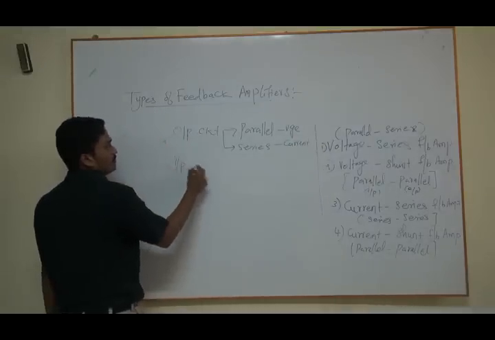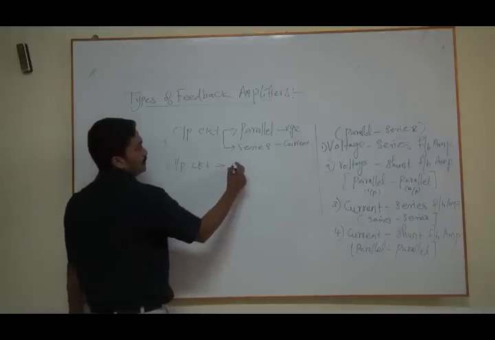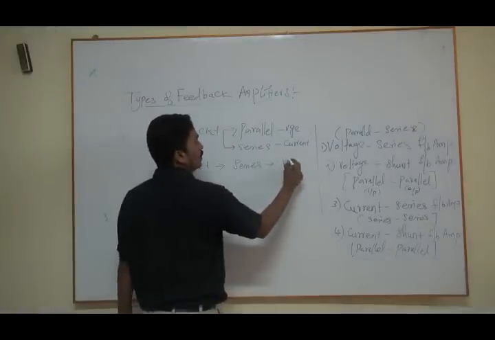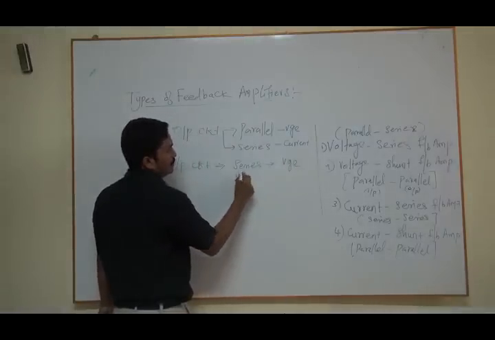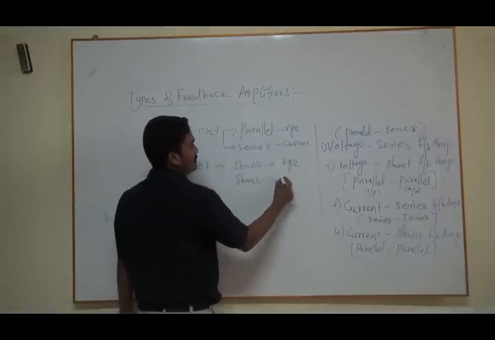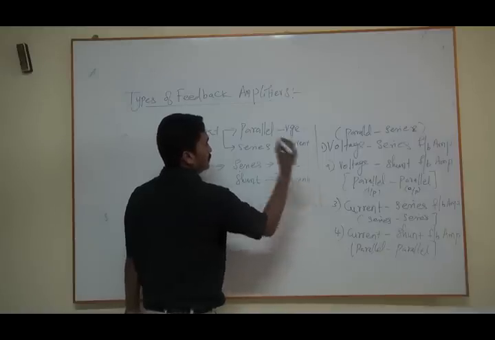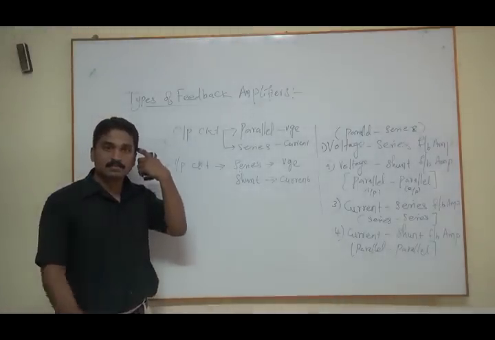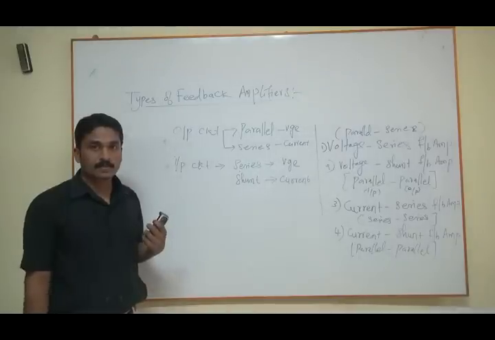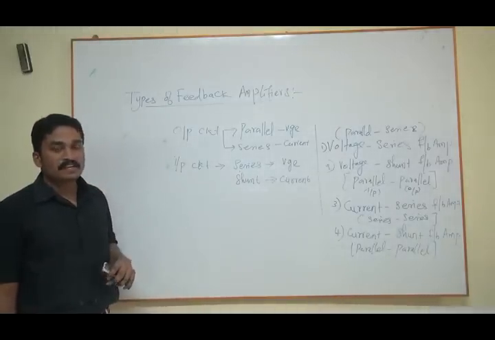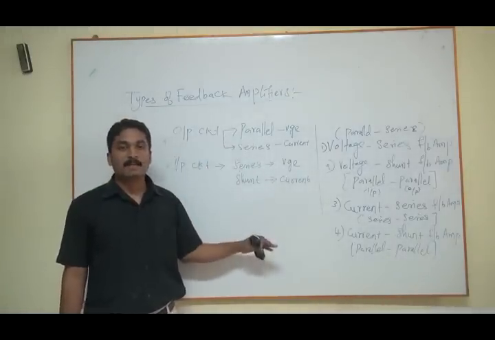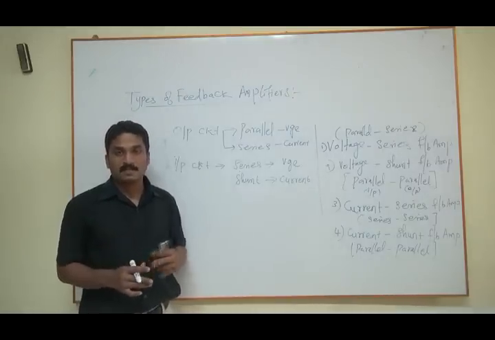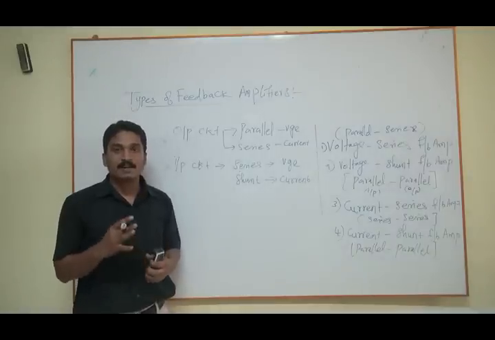And for the input side circuit, if you connect that in series, that makes some effects on voltage, and if you connect that in shunt, that makes some effects on current, because of the parallel network and series network theorems. Clear?